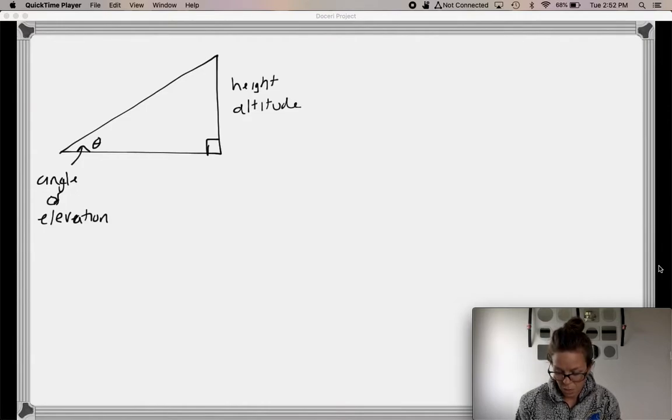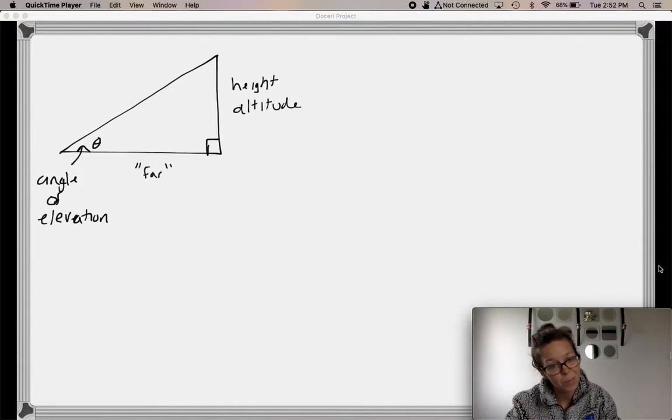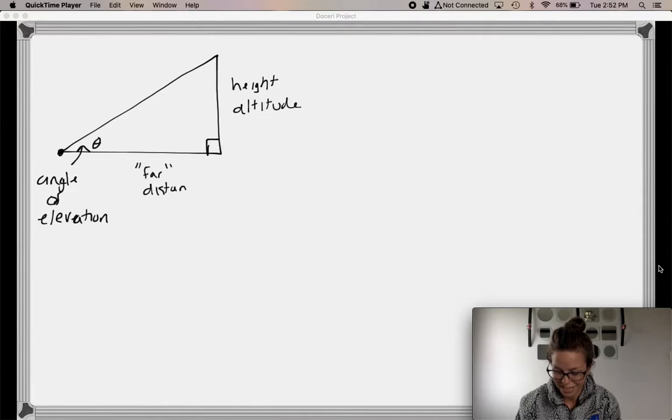A lot of times there we're going to be talking about maybe how far away something is. So we might see the word how far away. And so then we're thinking like somebody's standing here at this angle and something else is happening over at that vertical, and how far is it? Another one along that same line would be a distance. We might be measuring a distance there.